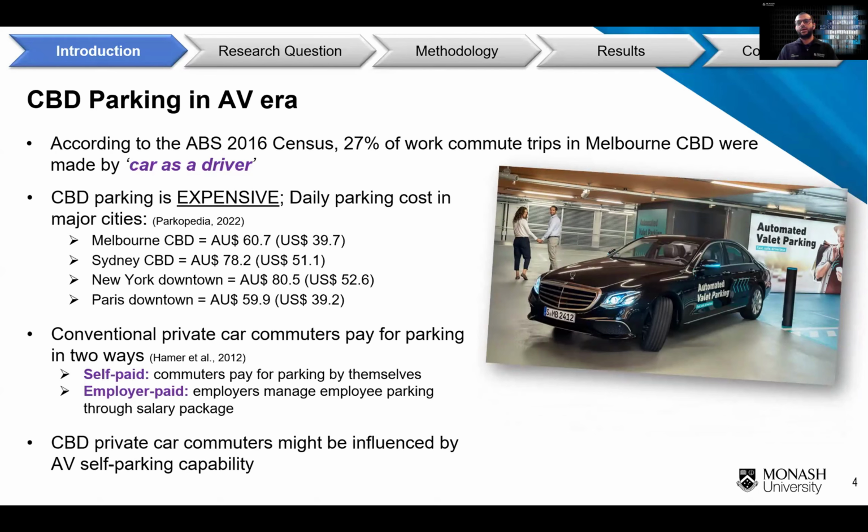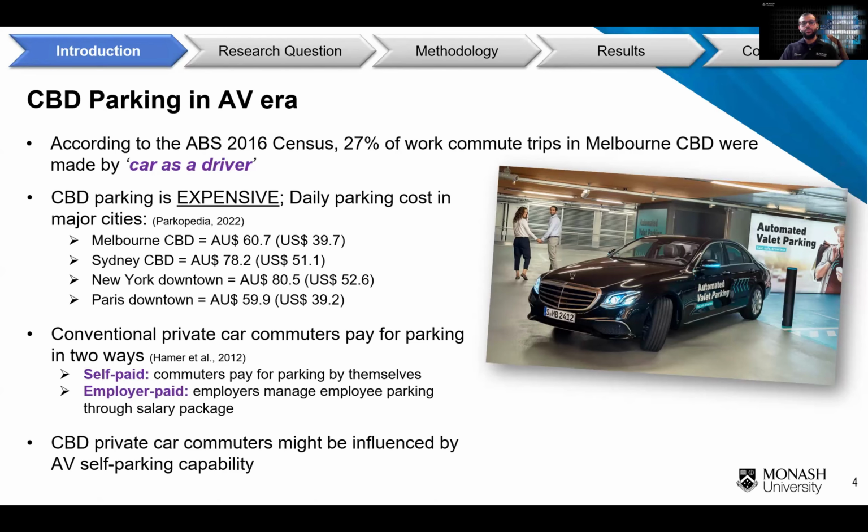City centers or downtowns are very expensive for parking. As you can see on the screen, Melbourne, Sydney, New York, Paris, all the downtowns have a huge daily parking cost, which makes parking very constrained for commuters.